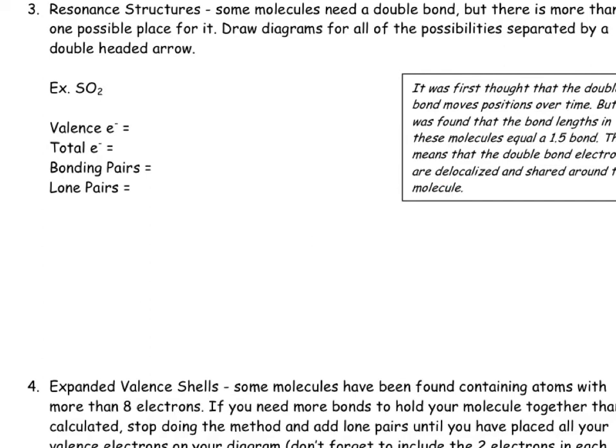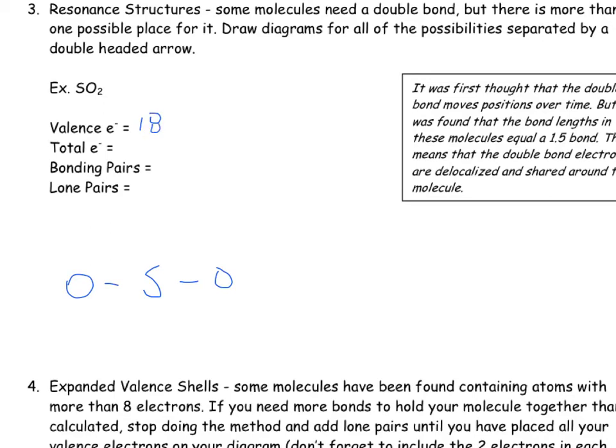So least electronegative would be sulfur because it's lower in the table than oxygen. Single bond everything else to it. To figure out how many valence electrons I have, each one of these has 6, so 6 times 3 gives me 18 valence.